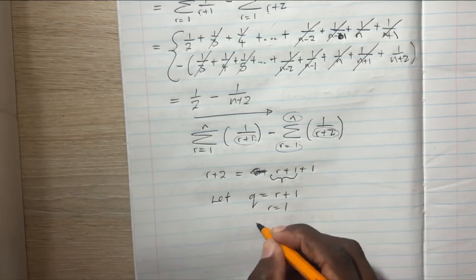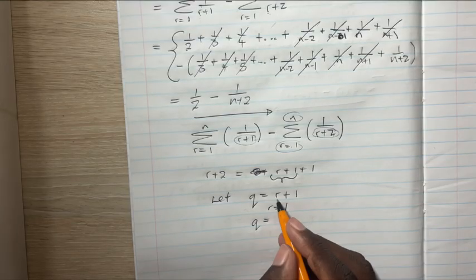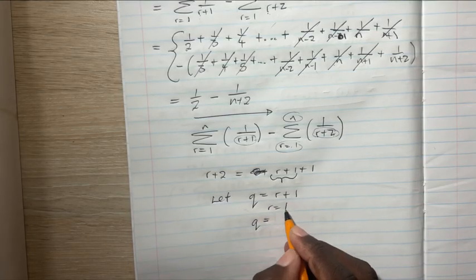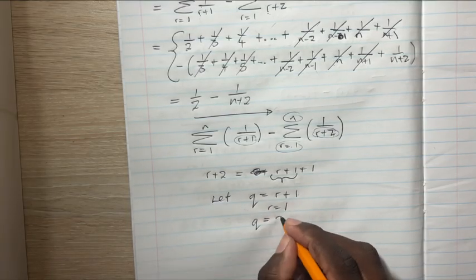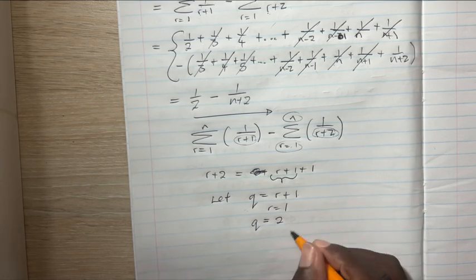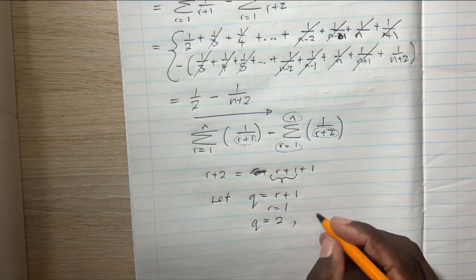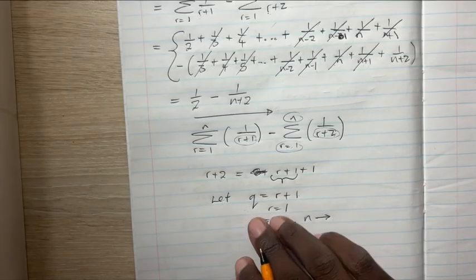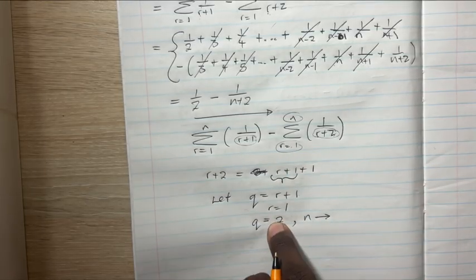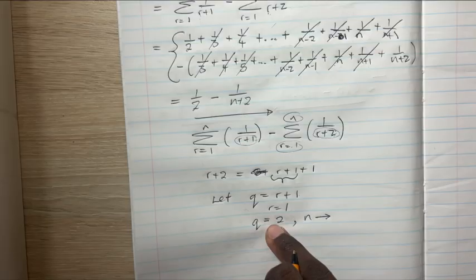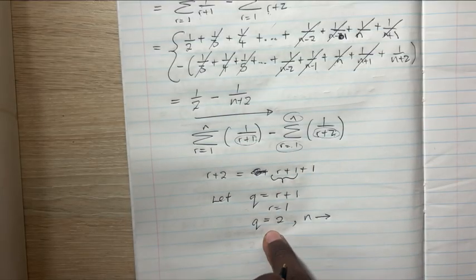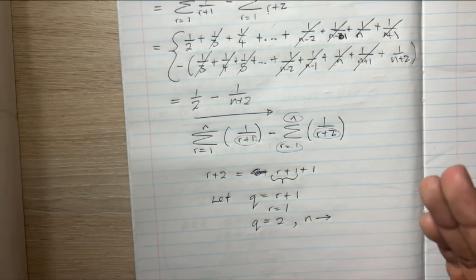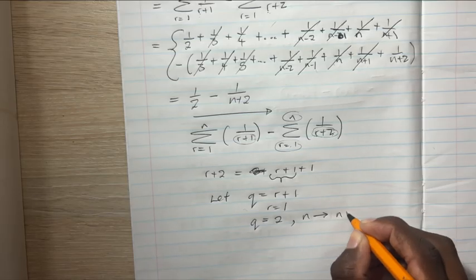That means our q has to be 1, this one, plus 1, which is 2. And our n has to change. We moved our lower bound by 1 unit forward. It's now 2, it was 1. So our n has to move by 1 unit forward too. It has to be n plus 1.